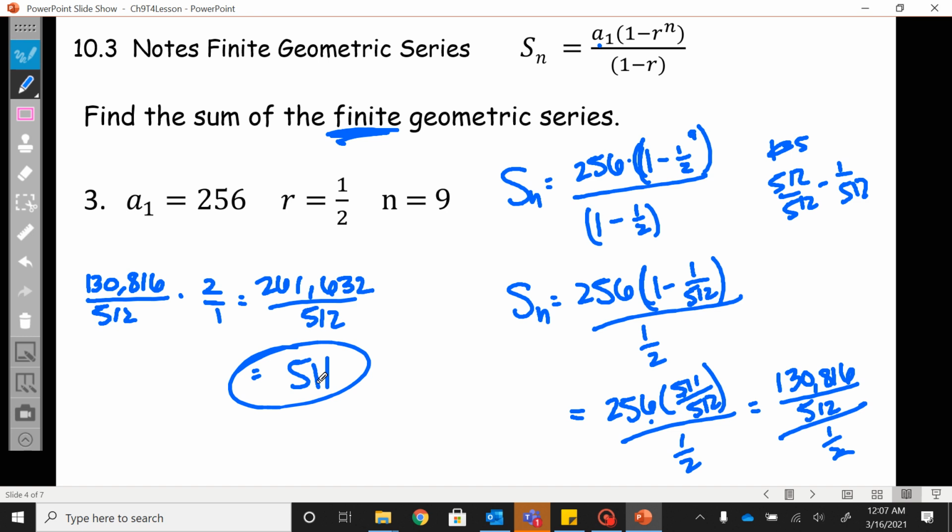So the sum of this finite series is 511. Okay, a little bit more complicated to calculate, but it still can be done. You just have to do the steps appropriately. You could do this with decimals if you wanted to, but it would be a lot more difficult. It's a lot easier just to do with fractions.